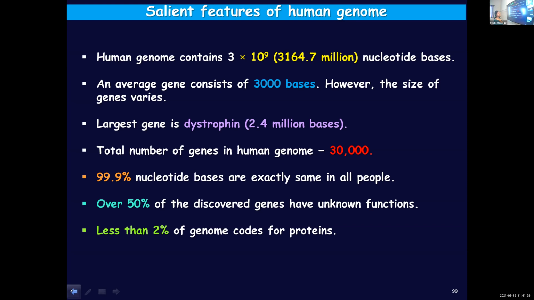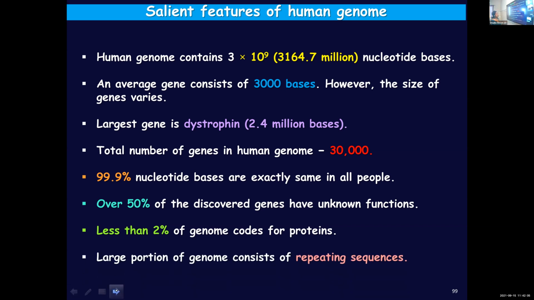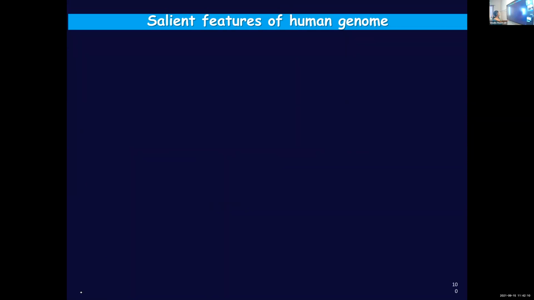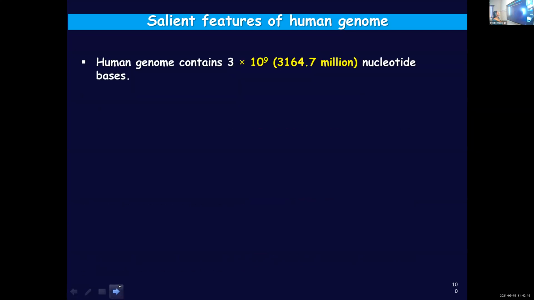The total number of genes present is 30,000, and 99.9% of the nucleotide bases are the same in all individuals, and only 0.1% makes the difference. Over 50% of the discovered genes have unknown function. So far, scientists have not succeeded in finding out the functions performed by those genes, and less than 2% of the genome codes for proteins. And a large portion of the human genome consists of repetitive sequences.